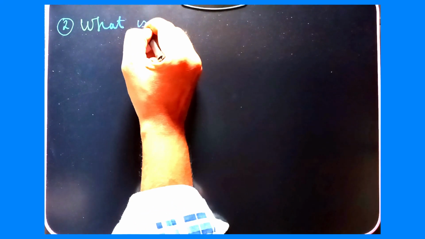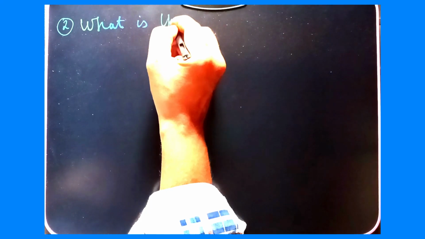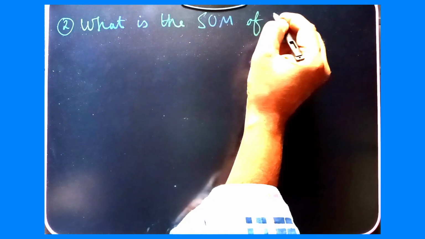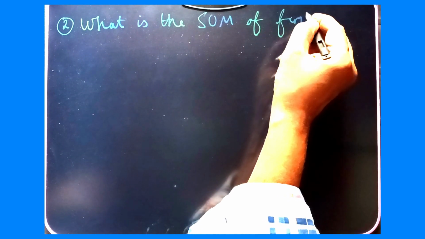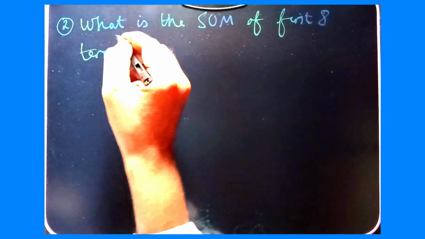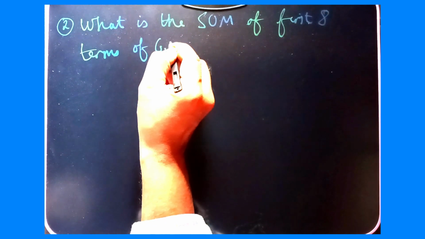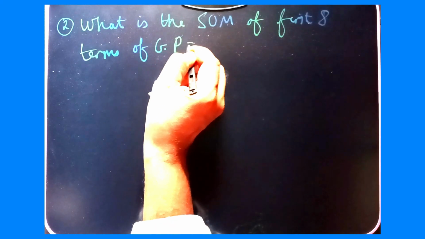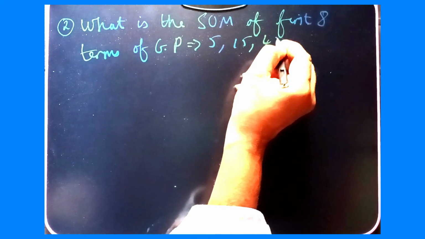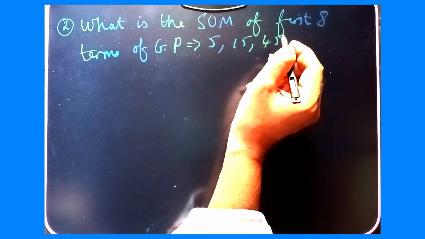What is the sum of the first 8 terms of the geometric progression sequence given as 5, 15, 45 and so on?